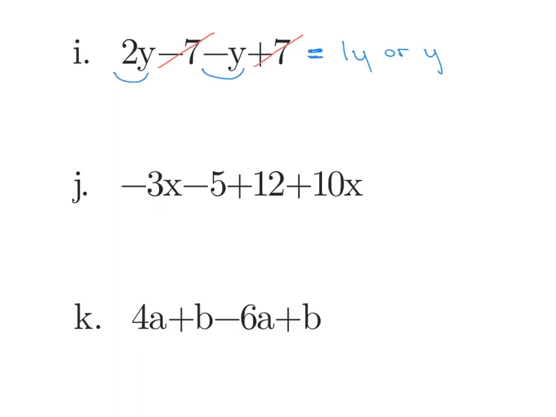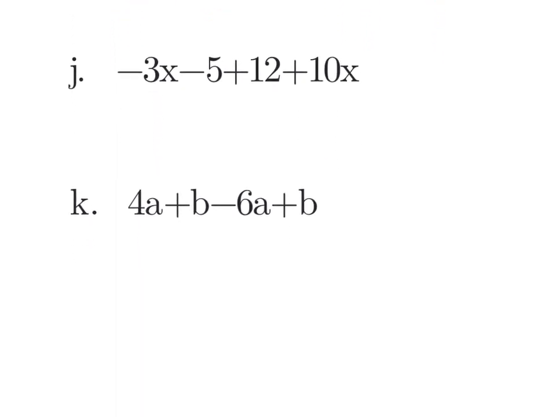Okay, let's look at example J and see what we can do here. So what can we combine? I can combine negative 3x and 10x. Negative 3 plus 10, those have different signs, so I'm going to subtract. Keep the sign of the larger number, so we get 7x.